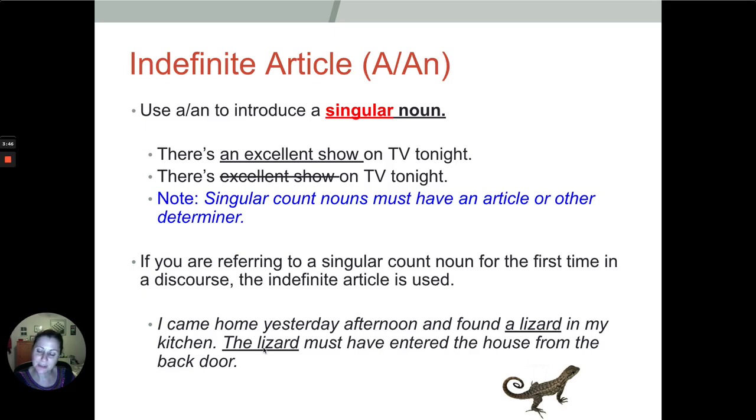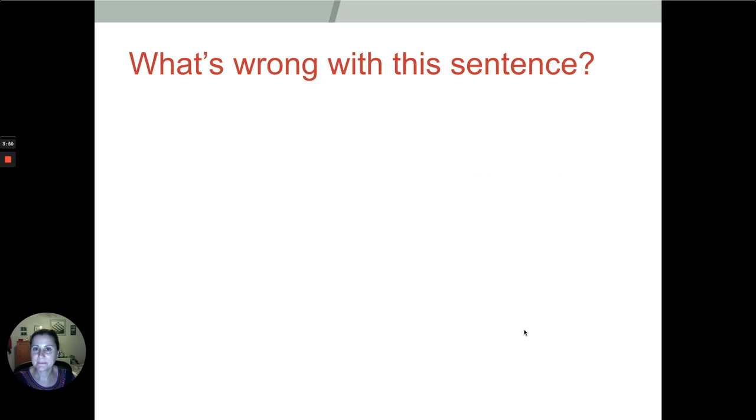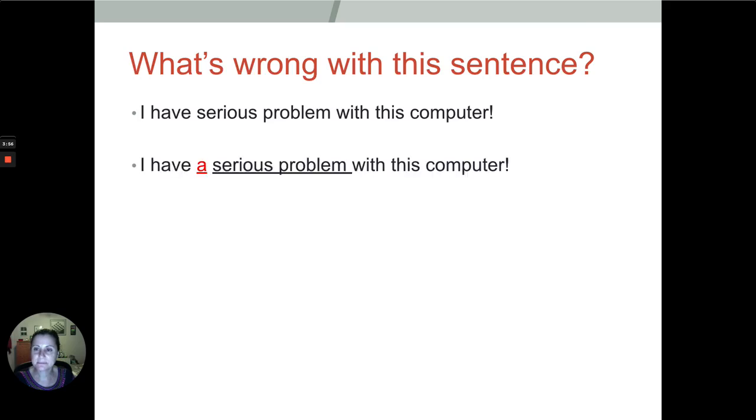So after that I'll use the, but the first time you'll use a. What's wrong with this sentence? I have serious problem with this computer. It should say I have a serious problem. This is a singular noun, so you need the article. Singular count nouns must have a determiner.